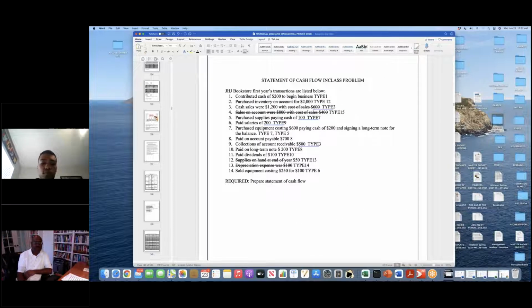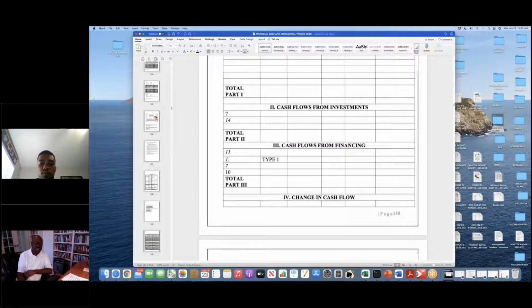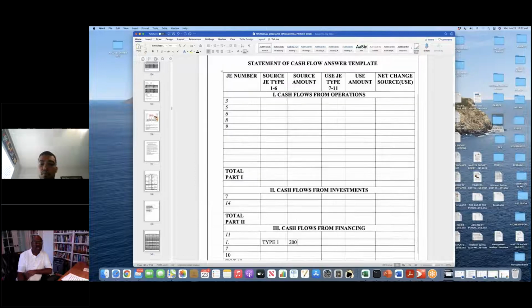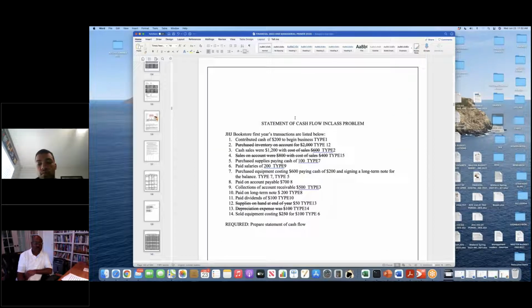And we got cash. We started the company with $200 in cash. We skip 2, then we go to 3.